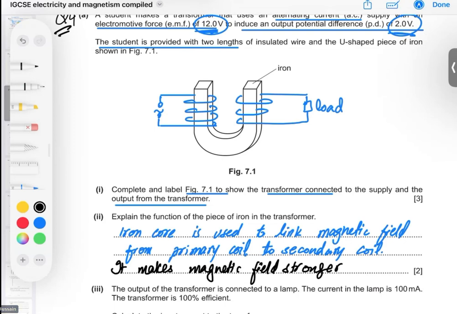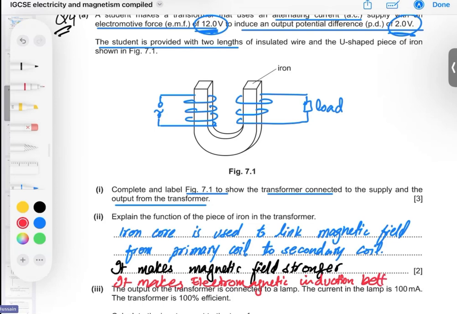And you could have also mentioned that it makes the electromagnetic induction better.